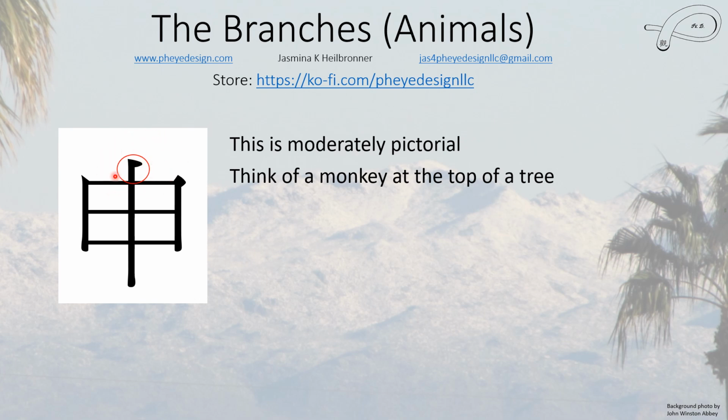Now this one is moderately pictorial. Think of a monkey on the top of a tree. Maybe it's waving to you, or you can think of monkeys live in trees, so you can think of this as the tuft of hair on the top, as some of those monkeys have almost like a mohawk on the top of their head, and they live in a tree. Maybe you can think of it that way. And again, this is the Shen, the monkey.